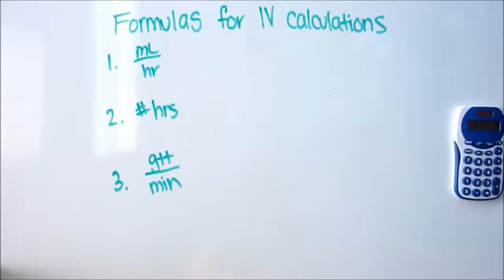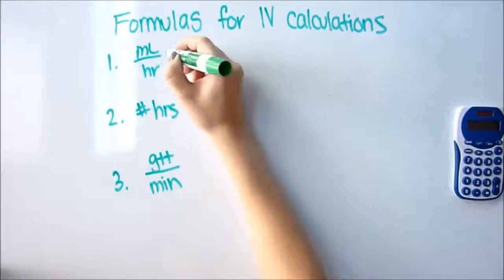Before we start, we're going to briefly talk about formulas for IV calculations. These are really simple, and it's a quick way for you to find what you're looking for in these problems, and it's going to make it much easier.